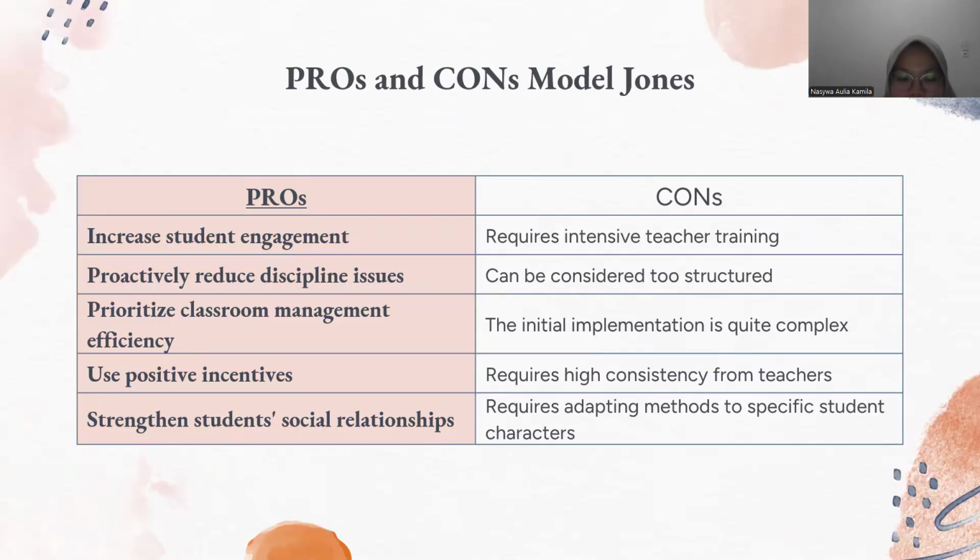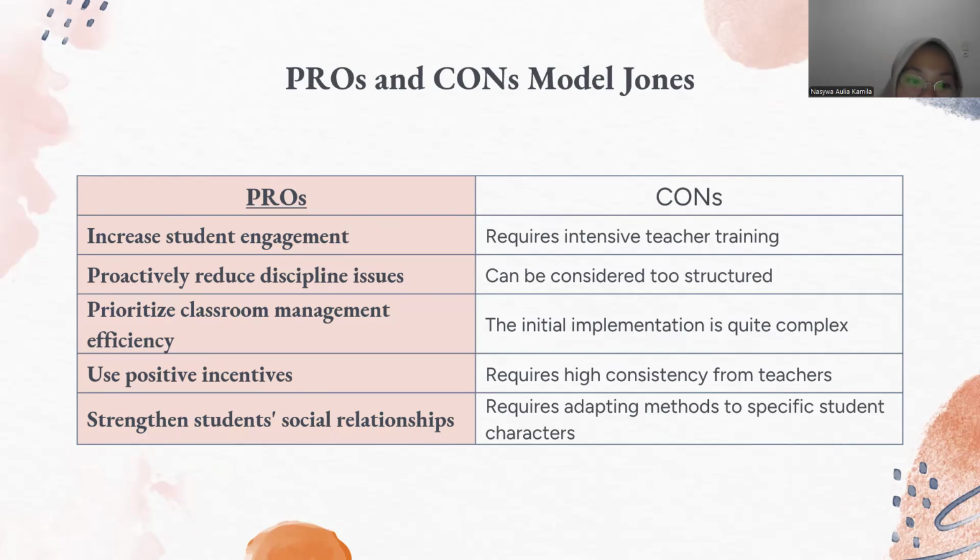So there is a table about the pros and cons of Jones' model. For the pros, it increases students' engagement, while the cons is that it requires intensive teacher training. Another pro is that it proactively reduces discipline issues, while the con is that it can be considered too structured. Then the pro is that it prioritizes classroom management efficiency, but meanwhile the con is that the initial implementation is quite complex.